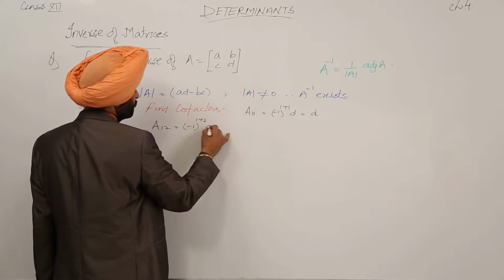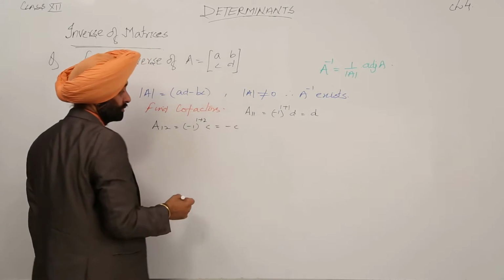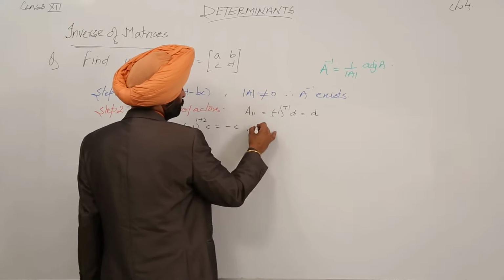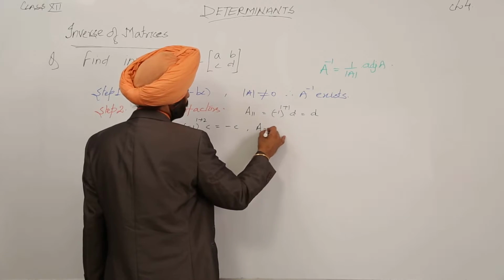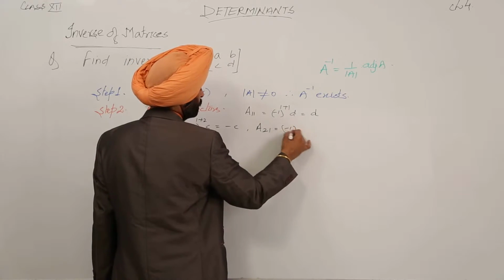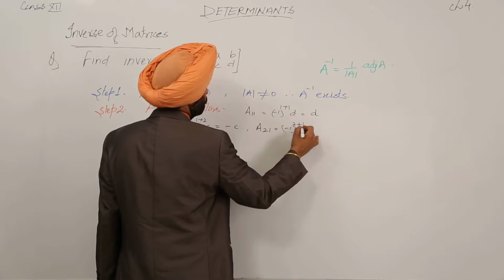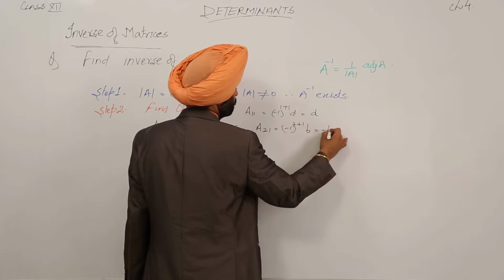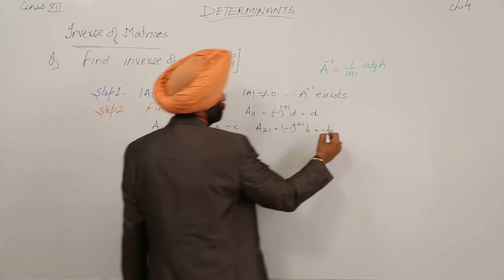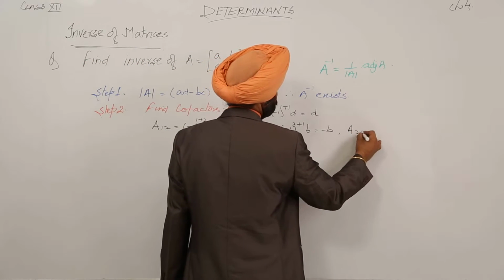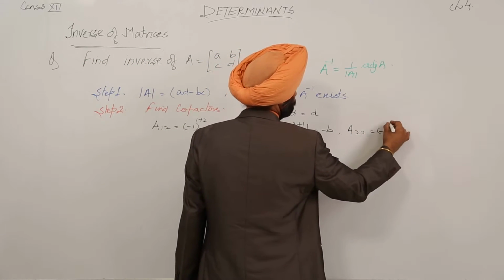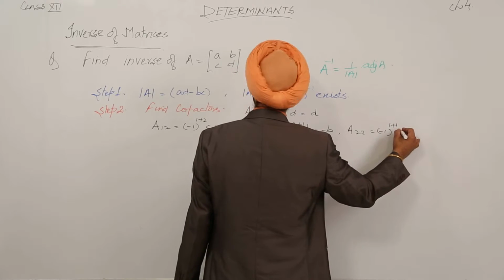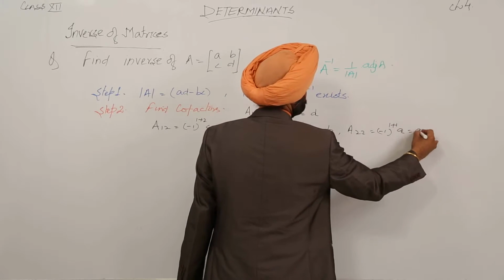For A12 it is C, so it becomes minus C. For A21, minus 1 raised to power 2 plus 1. For A21 it is B, so it will be minus B. And for A22 we have minus 1 raised to power 1 plus 1 with A, so this is equal to A.